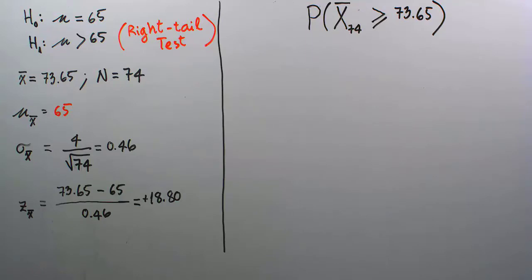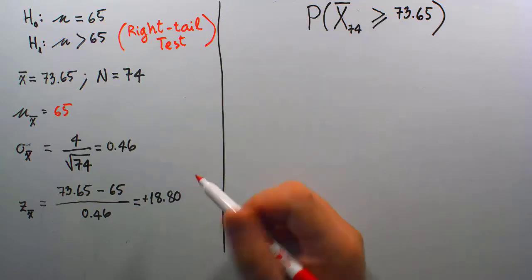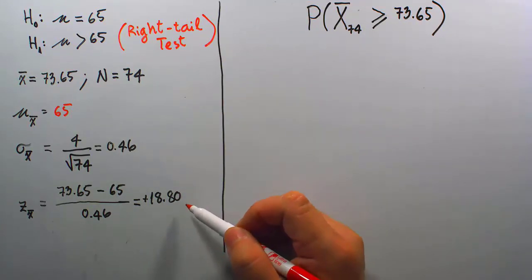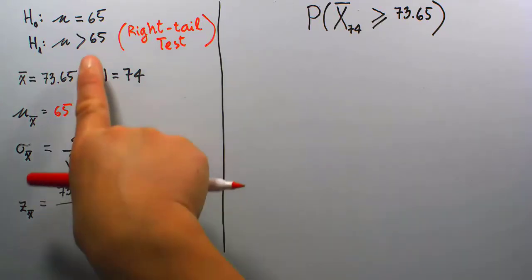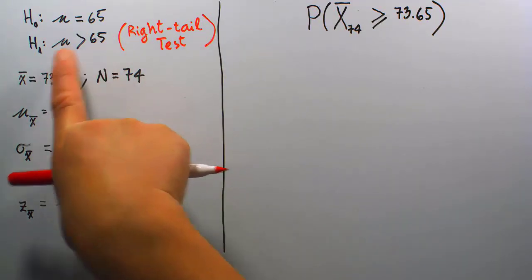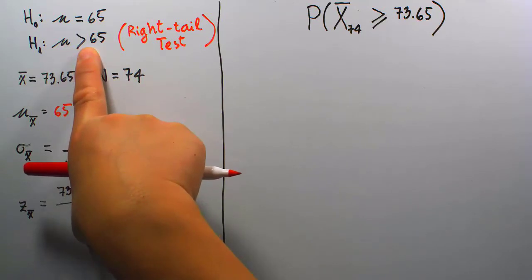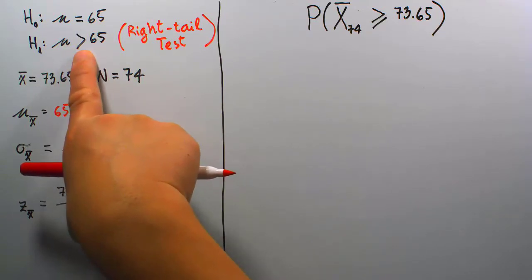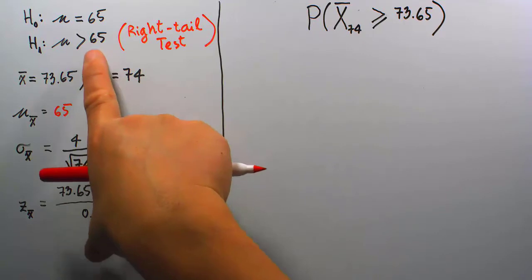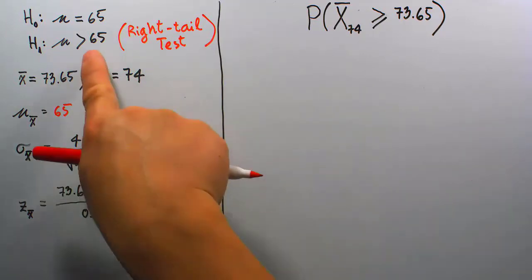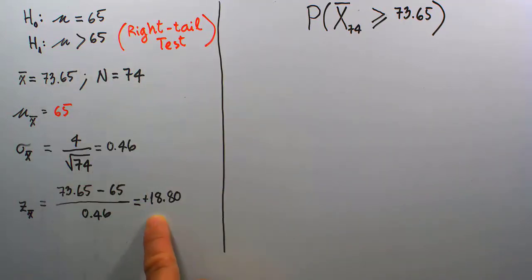So at this point, let's check for a couple of consistencies. Right here at our z-score step, we can use that as a checkpoint for consistency. Our alternative hypothesis has a right-hand side inequality, meaning the inequality itself points to the right-hand side. So the z-score should be consistent with that in the sense that the z-score here is a positive z-score.